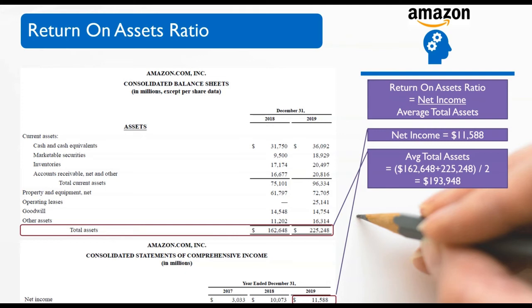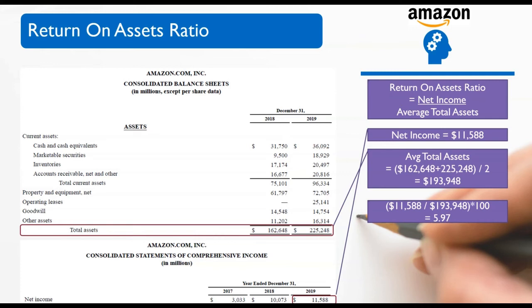The average total assets amount is calculated by taking the period end total assets for both years, so $162.6 billion and $225.2 billion. And we'll take the total of that and divide it by 2, and that gives us $193.9 billion of average total assets.